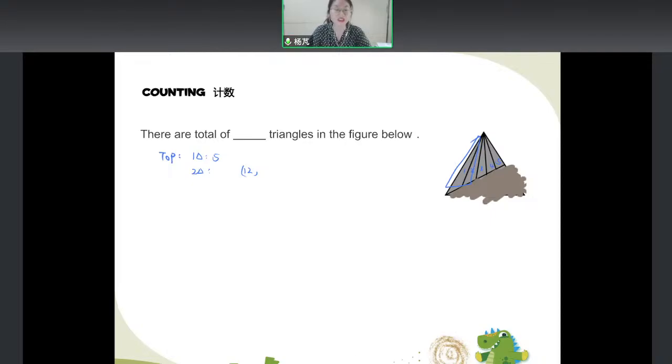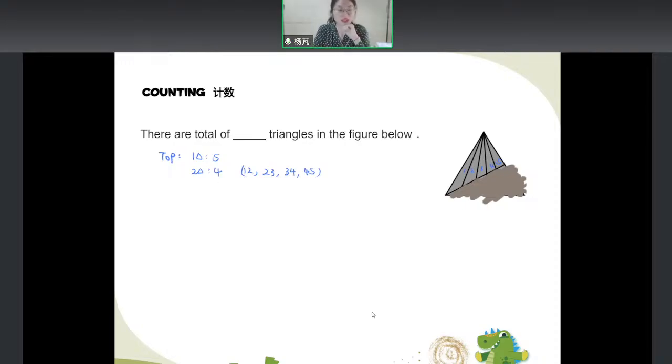Triangles 2 and 3 will be another, 3 and 4 another, and 4 and 5. So with 2 little triangles, there are 4 bigger ones.